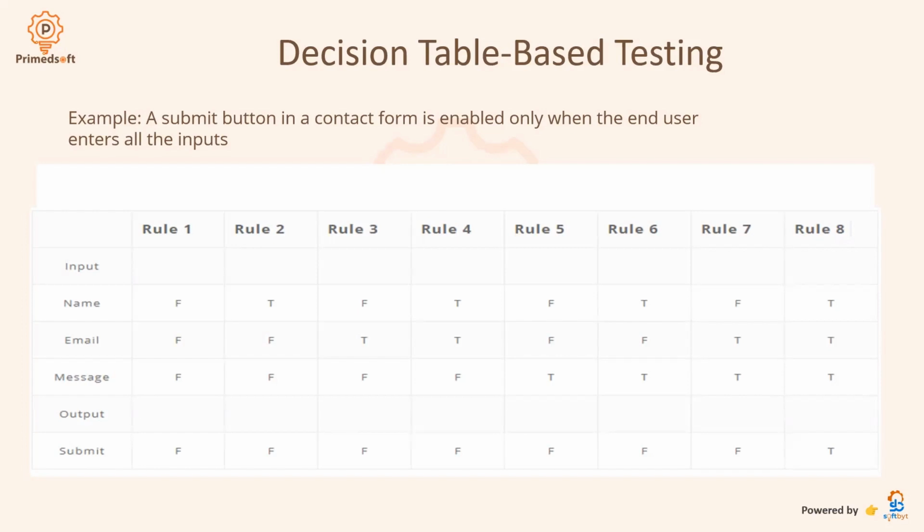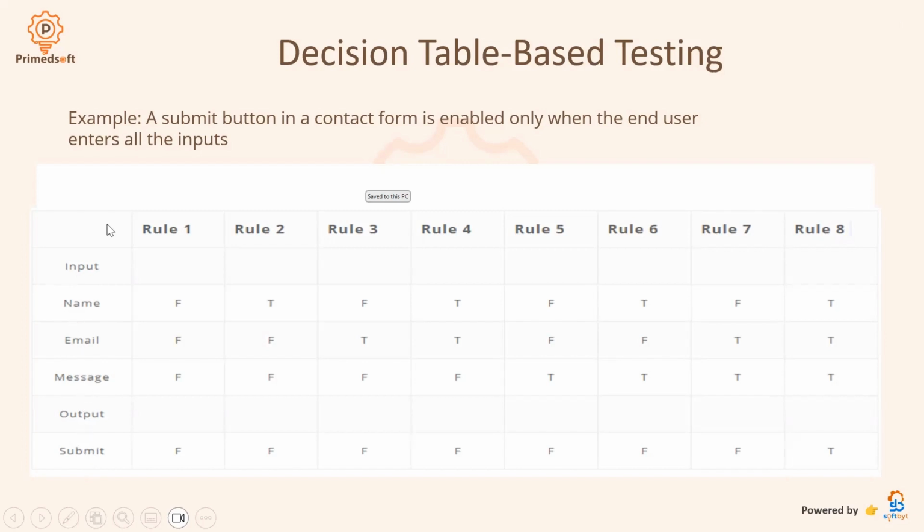So now you as a tester, let's say this is a contact us form for an organization, right? And then I say they put a rule that all the fields must be filled in correctly, right? Before the submit button will be visible or will be clickable, right?